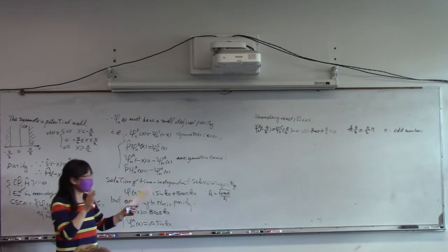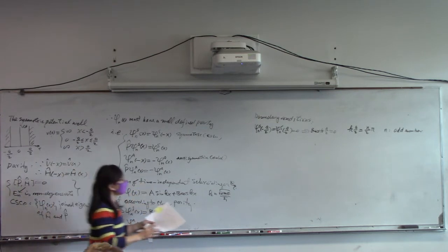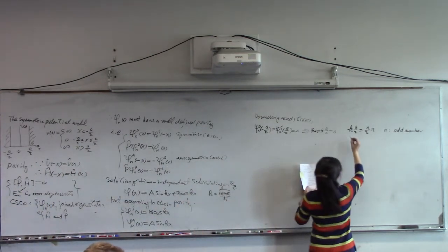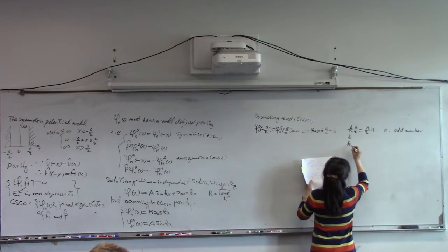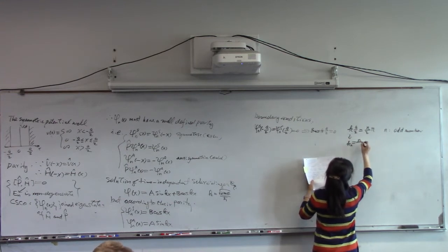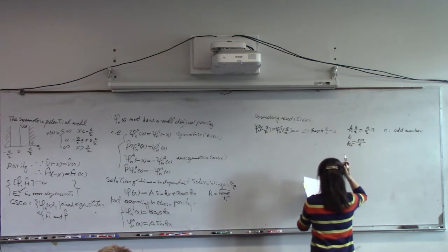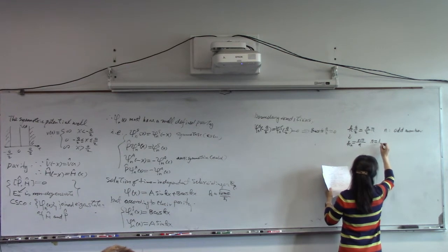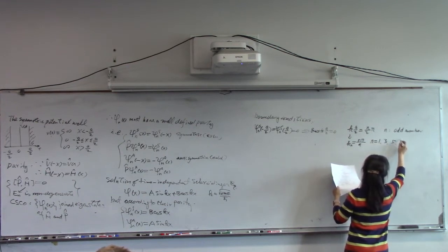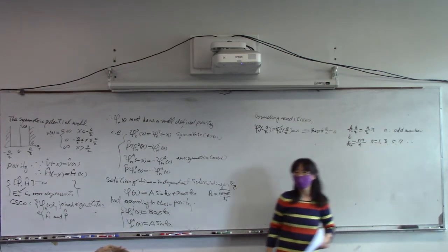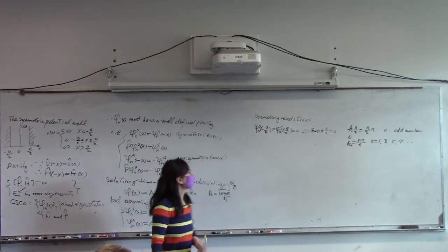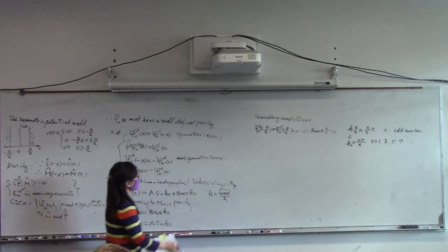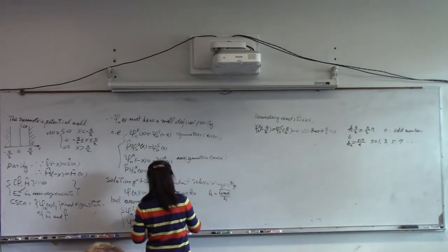So from here we immediately get k equal to n pi over a, with n equal to 1, 3, 5, 7, odd numbers. That is the first case.